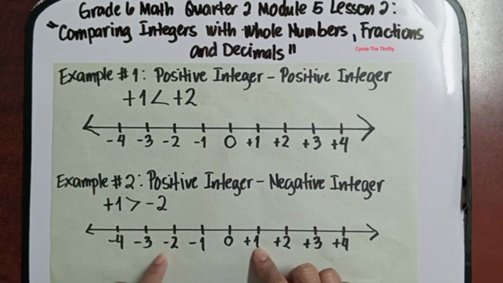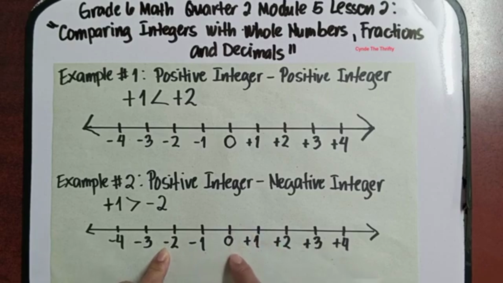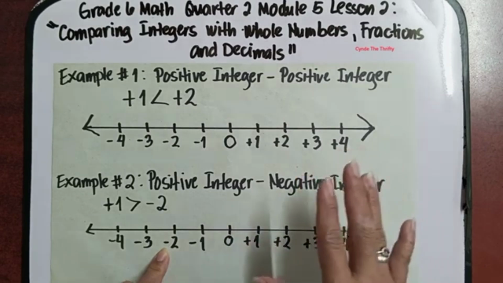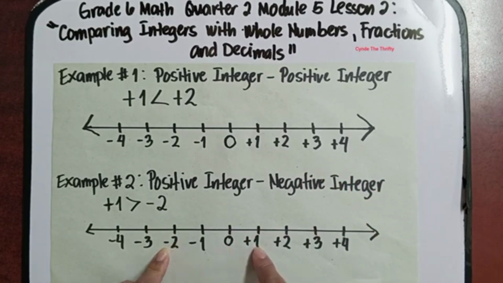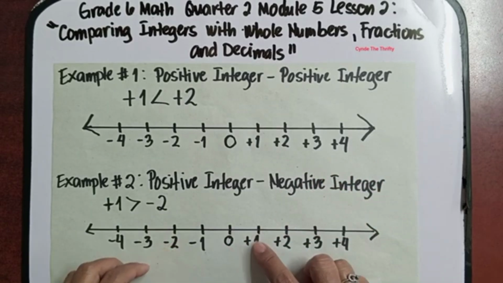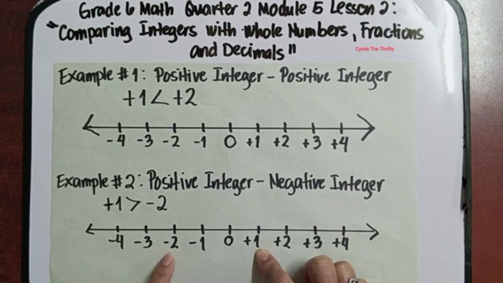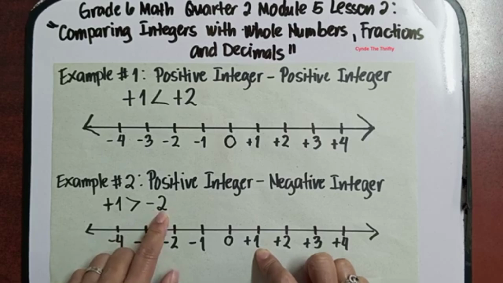So, ibig sabihin si negative 2, mas maliit ang kanyang value compare kay positive 1. Kahit na si positive 1 is mas malapit siya kay 0. So, tatandaan talaga natin na lahat ng negative integer is mas maliit ang kanyang value compare kay positive 1. Kaya, si positive 1 has a greater value than negative 2. Kaya, positive 1 is greater than negative 2.